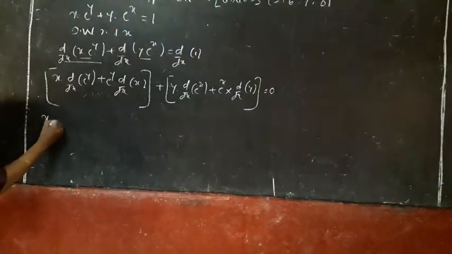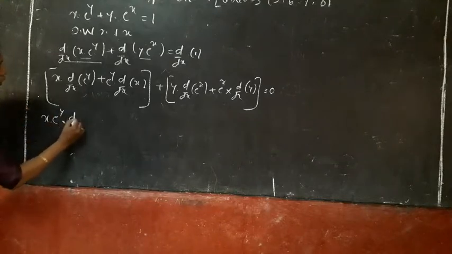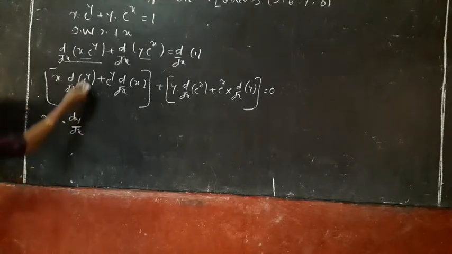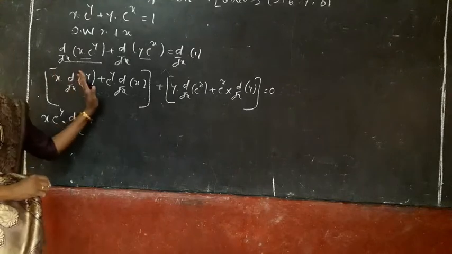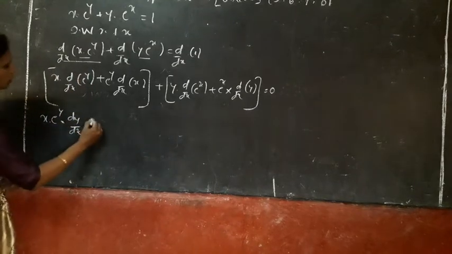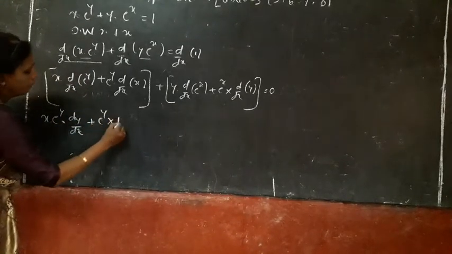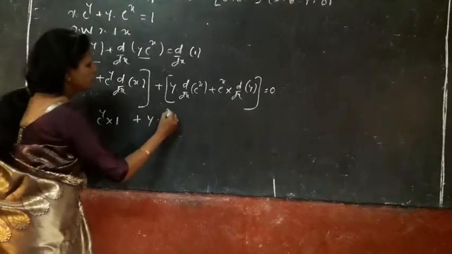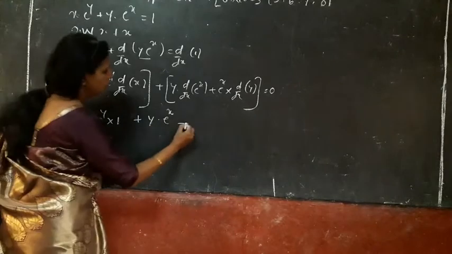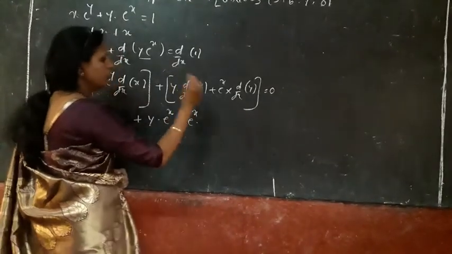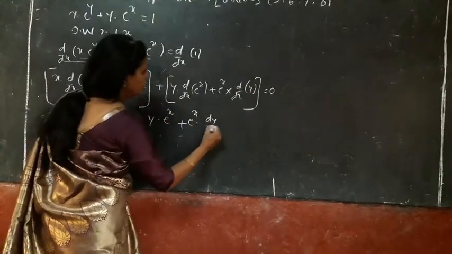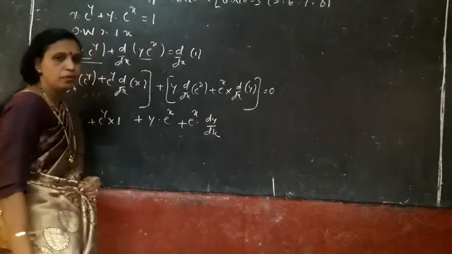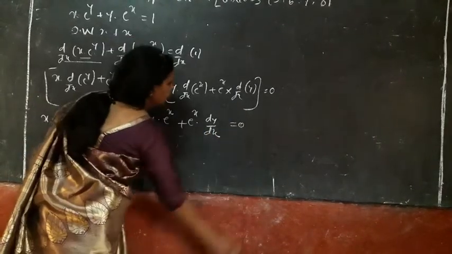Therefore x, differentiation of e raised to y is e raised to y into dy upon dx, because we are going to differentiate y with respect to x, e raised to y into 1, plus y, differentiation of e raised to x is e raised to x, plus e raised to x differentiation of y with respect to x is dy upon dx. This is equal to 0.